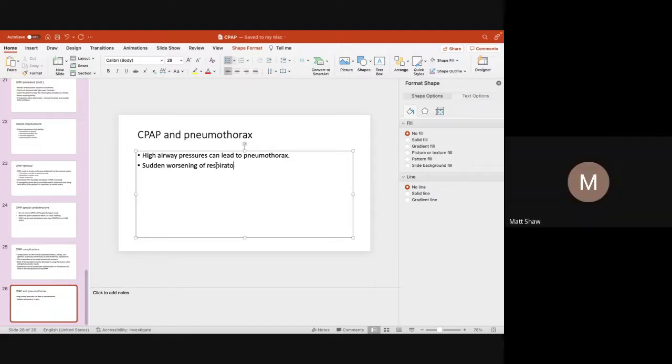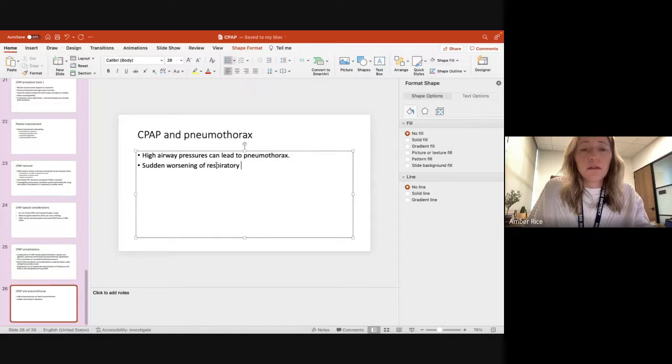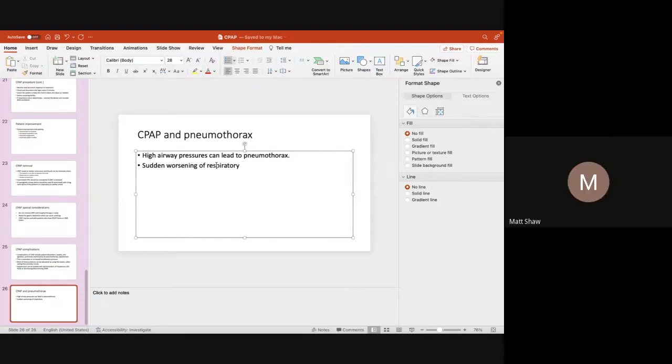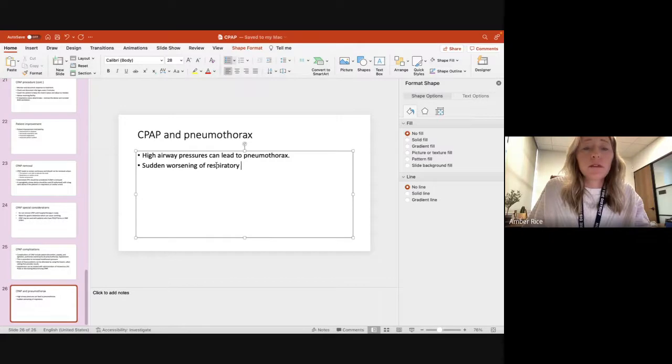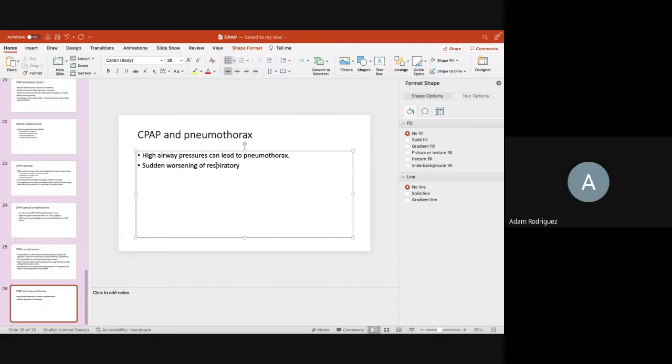Whether or not you'd hear any change in lung sounds, really, nothing. Respiratory, what'd you say again? Sudden worsening of respiratory distress. Yeah, maybe it's sudden increase of respiratory distress.